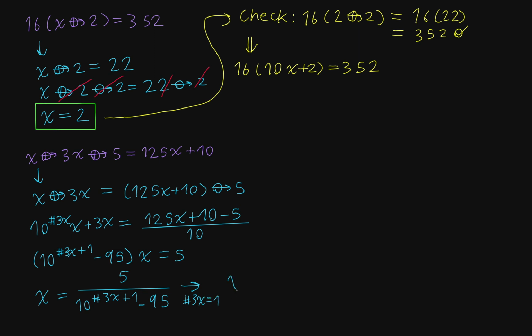In this case we're going to have x is equal to 5 over 100 minus 95, and this is simply 5 over 5, or 1.